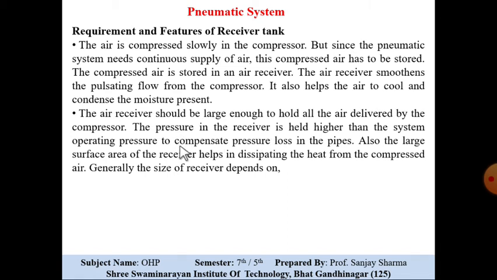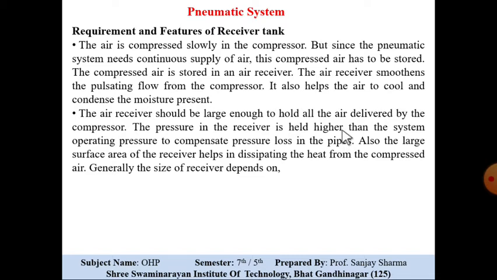Now let us see the features, how it should be. The air receiver should be large enough to hold all the air delivered by the compressor. The receiver should be large in size, sufficient as per the pneumatic actuator design. The pressure in the receiver is held higher than the system operating pressure to compensate for pressure losses in the pipe.